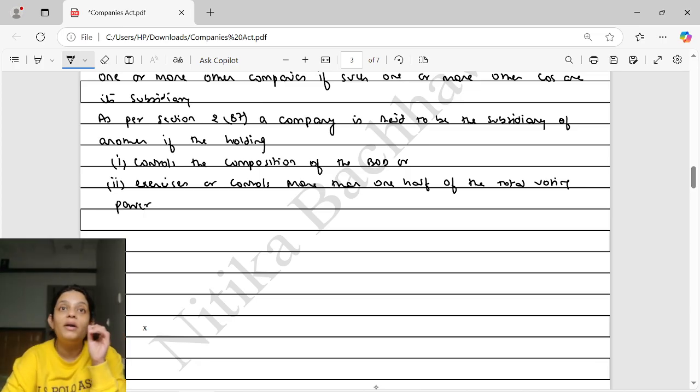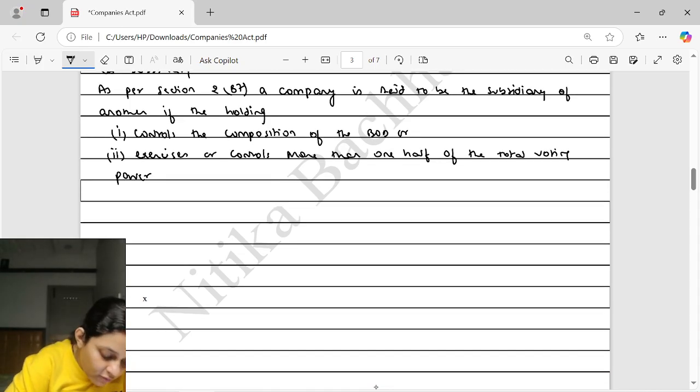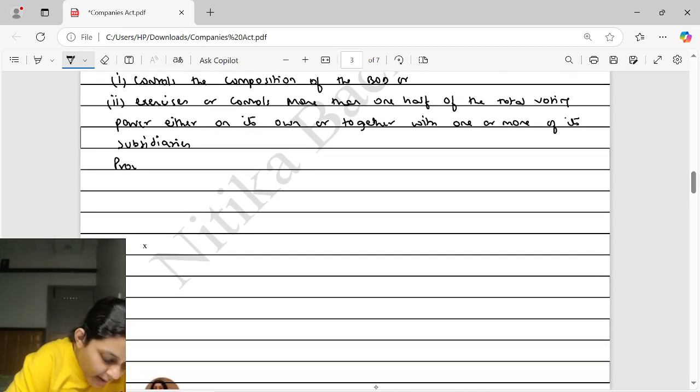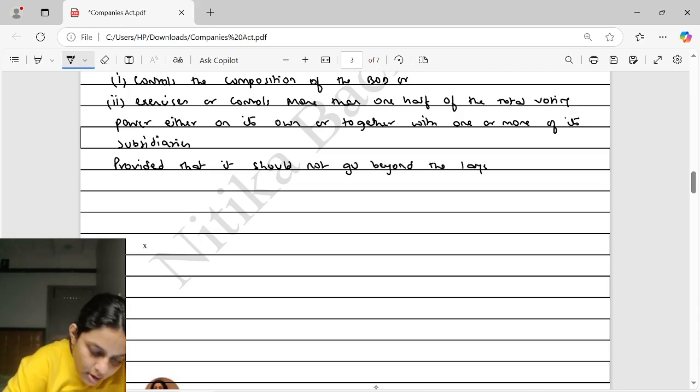That is the key word here. You cannot miss it. The more than one half of the total voting power, either on its own or together with one or more of its subsidiaries, provided that it should not go beyond the layers specified.